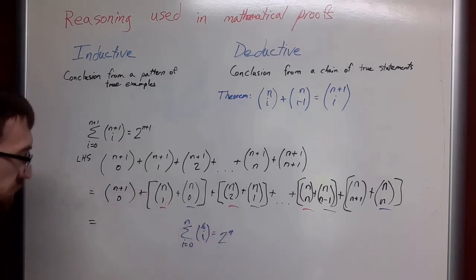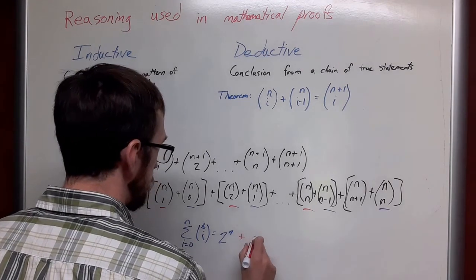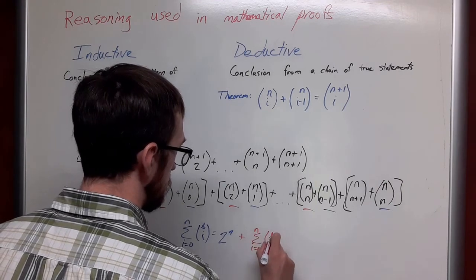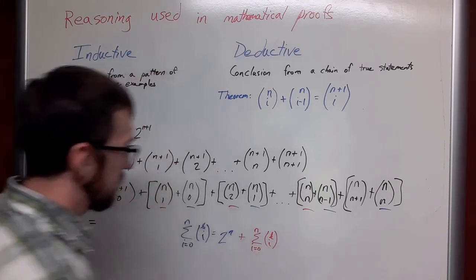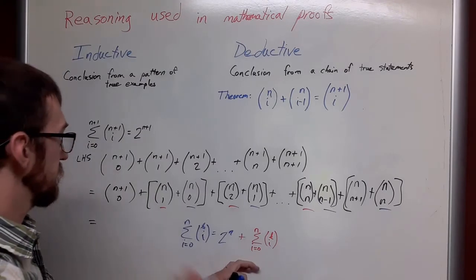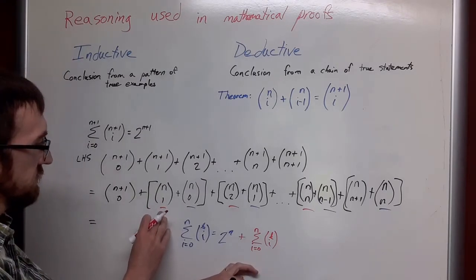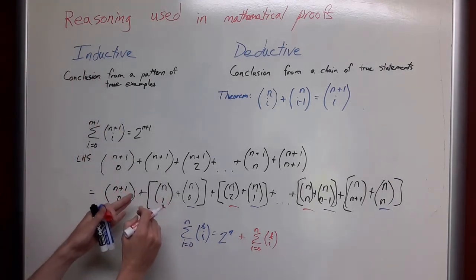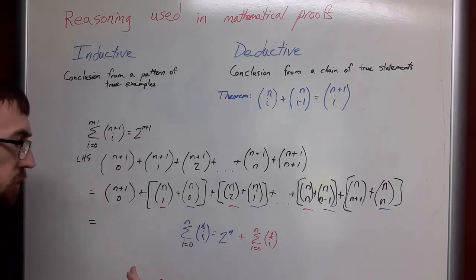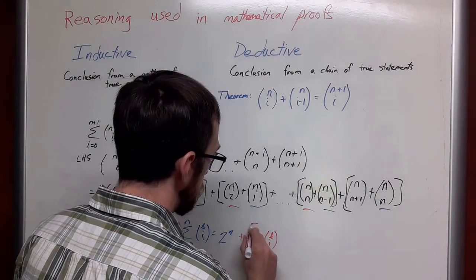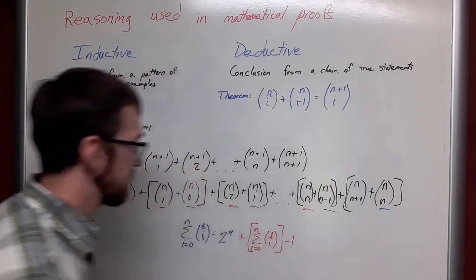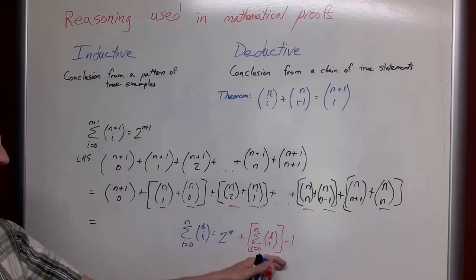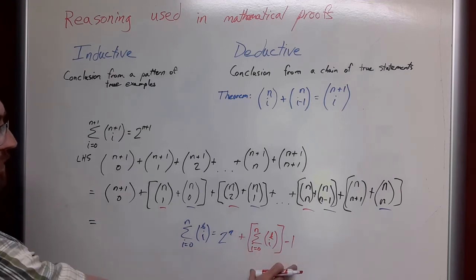It's the exact same thing that we're adding in here, but we're missing the 0 term. And n over 0 was just the number 1 when you calculated it. So we're taking this quantity and subtracting 1 from it. We have this same thing twice, but this one's 1 less.